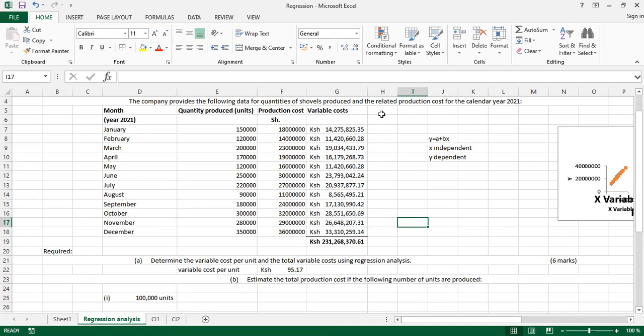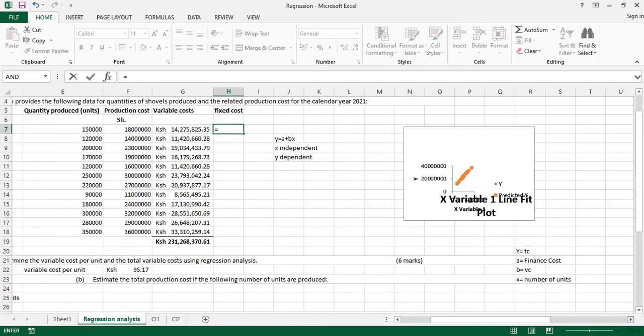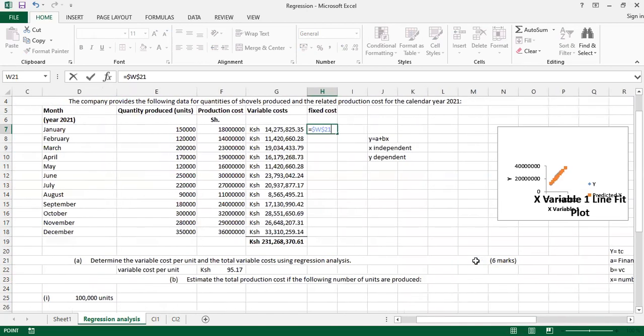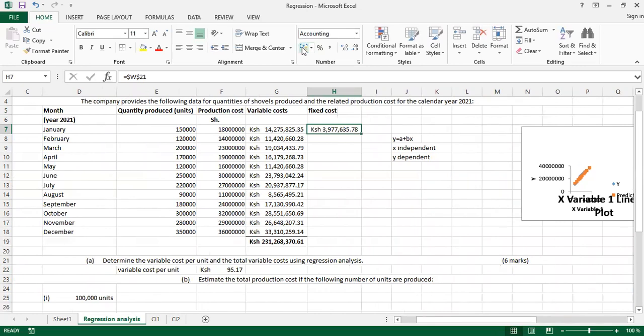And let me say we also have the fixed cost. So equals, I'll say that our fixed cost is this one here, and I lock it, control enter, and enter.